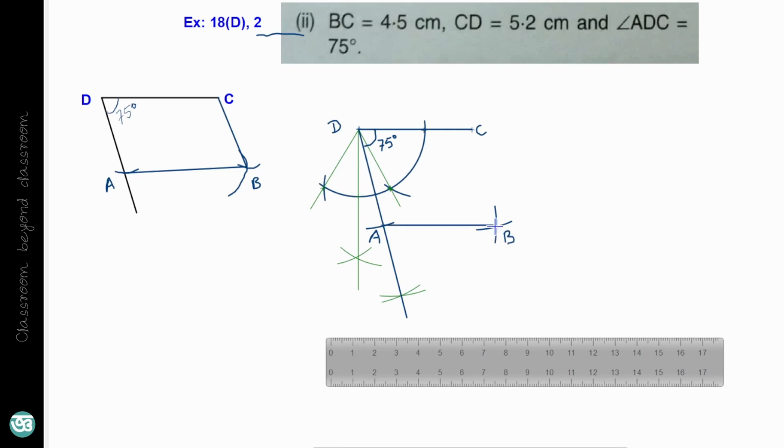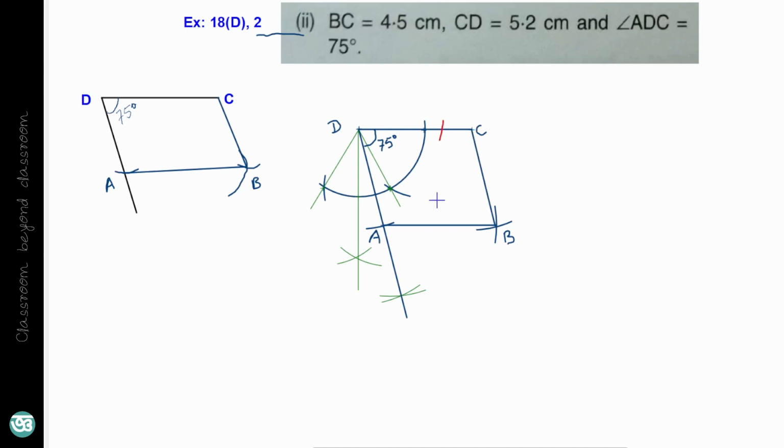Join AB and BC, and this is the required parallelogram ABCD. This side is equal to this side, and this side is equal to this side, and this 75-degree angle is equal to this angle because they are opposite angles, and this angle is equal to this angle.